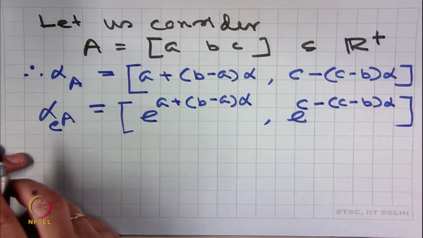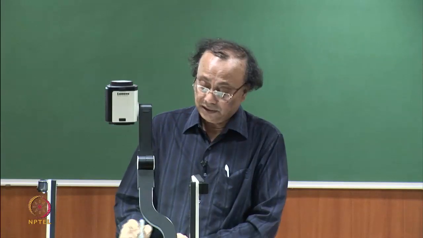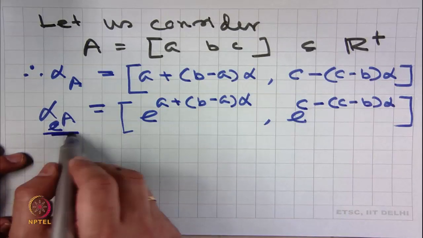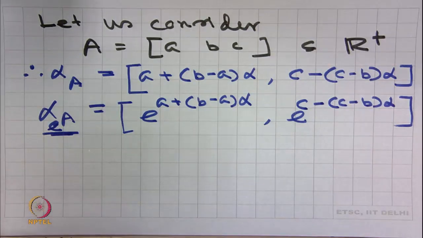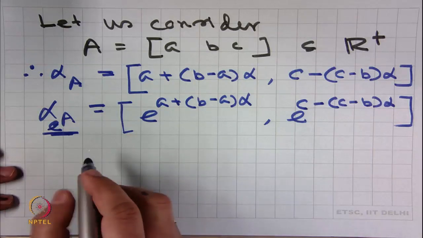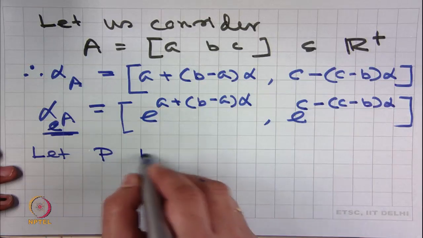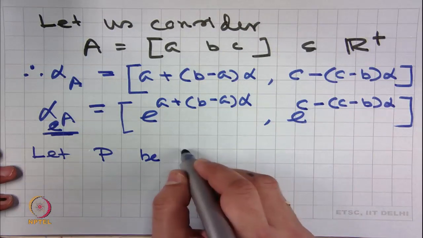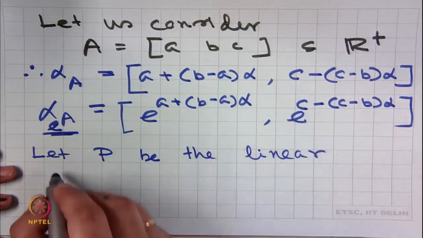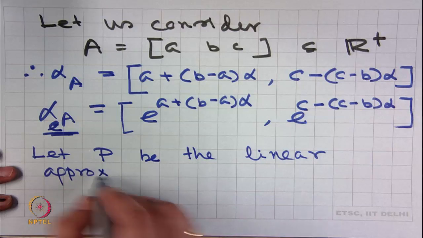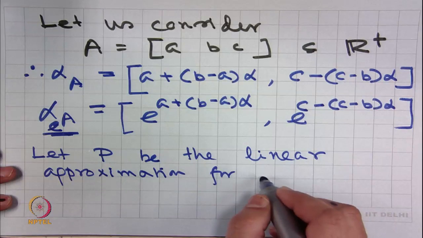So, as before, we are applying the arithmetic operations on corresponding alpha cuts to get alpha cut of the result, which is e to the power A. Let P be the linear approximation for e to the power A.